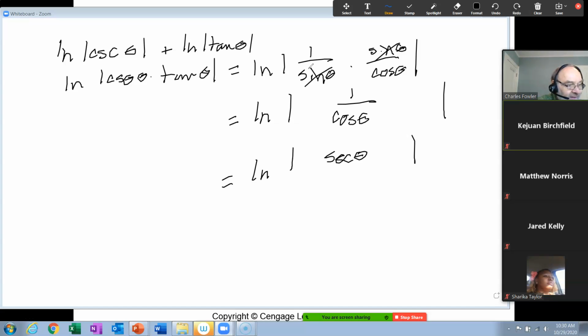Okay. So 5.1 dealt with your fundamental identities. Playing around with them, getting used to them, getting familiar with them, knowing what they are, what they stand for.